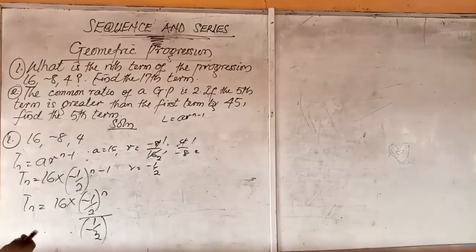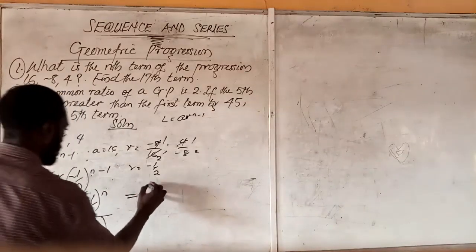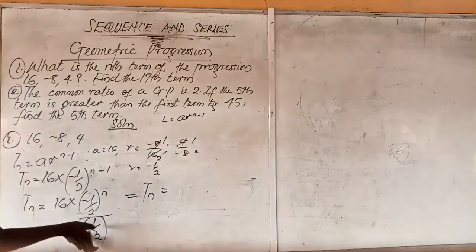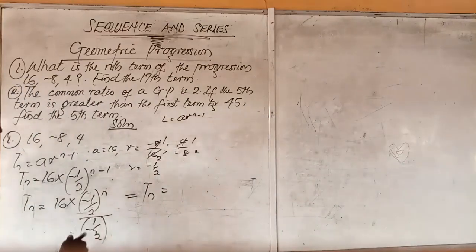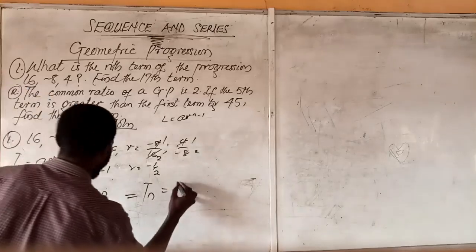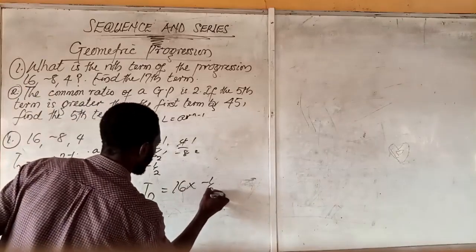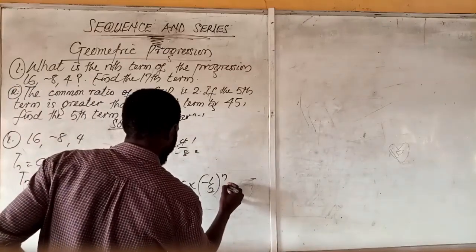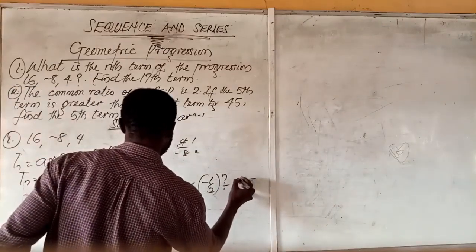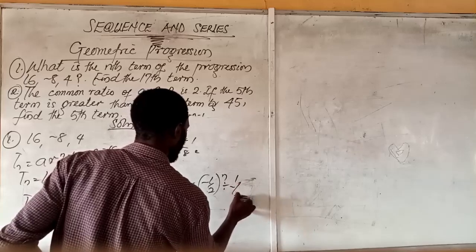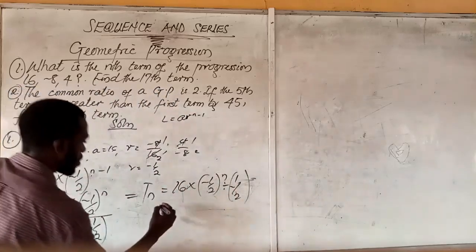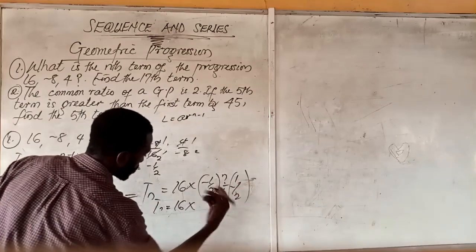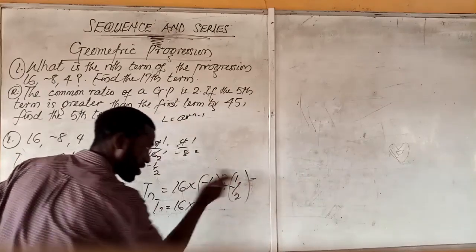So what do we have here? Let's express this in full. Tn will be 16 times minus 1 over 2 raised to power n, then divided by minus 1 over 2. Division changes to times, so that we have Tn is equal to 16 times minus 1 over 2 raised to n, times 2 over 1.